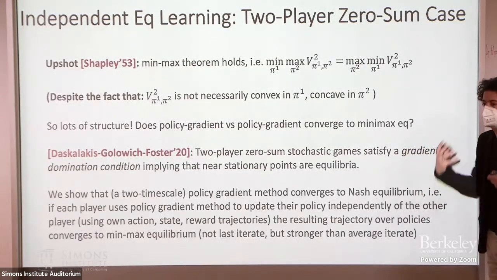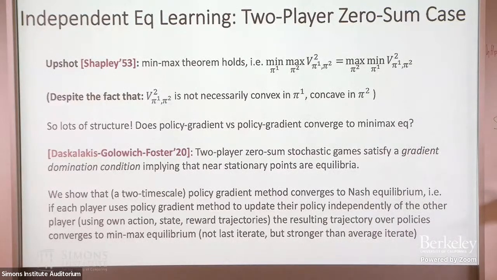So you can exploit this structure to argue that if the two agents of your game run policy gradient methods independently, then if you set the learning rates appropriately, you can get convergence to minimax.